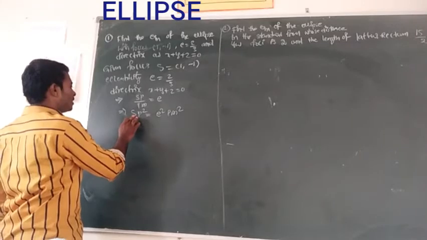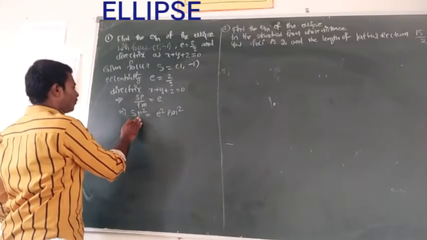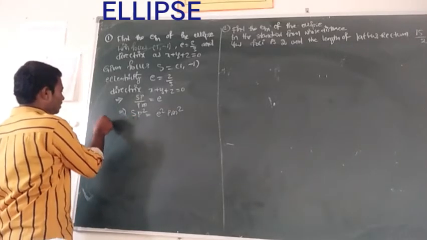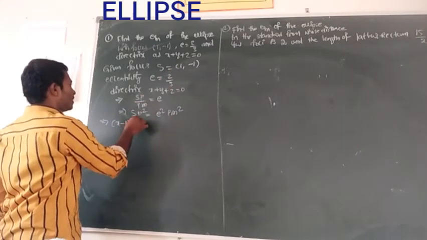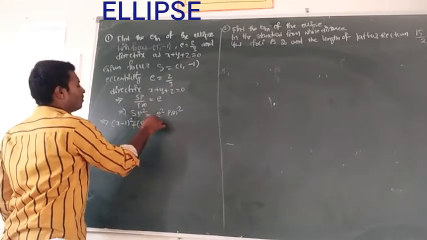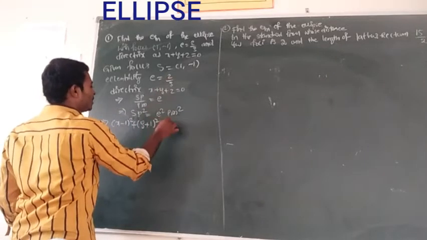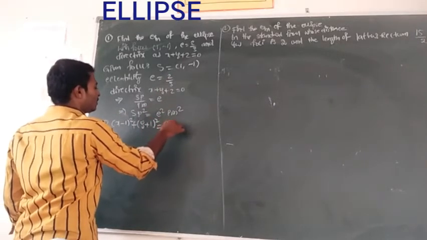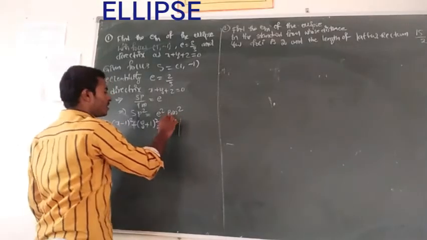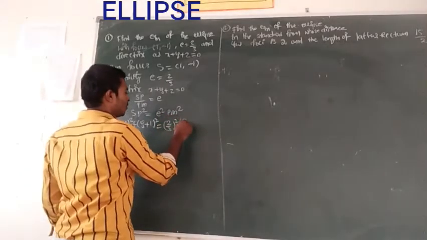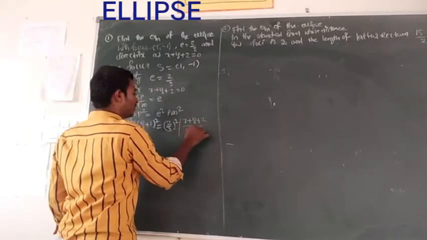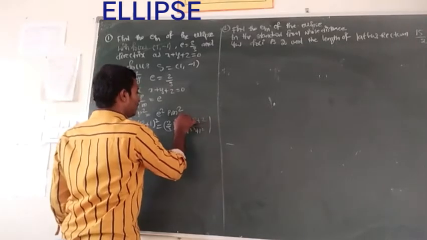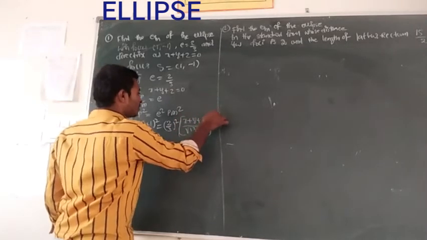So SP, the distance between the point on the ellipse and the focus, is nothing but (x minus 1) whole square plus (y plus 1) whole square, equal to e square, here (2 by 3) whole square, times PM square. PM is the perpendicular distance, so (x plus y plus 2) by square root of (1 square plus 1 square), also whole square.